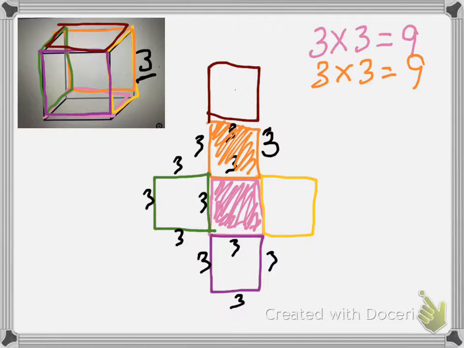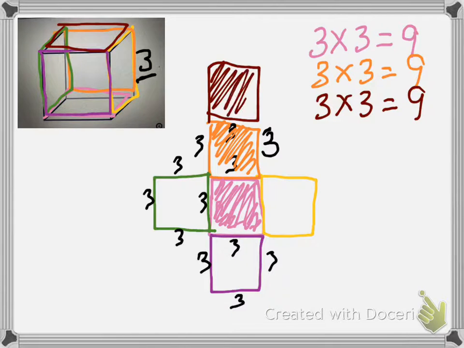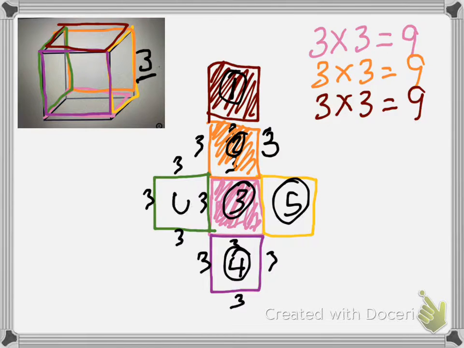Now, we could go ahead and add each one of these boxes individually and do every single one in this same fashion, and that would probably take us a little extra time, but it would give us the answer we're looking for. We could take a shortcut and just know, because this is a cube, that we have side number 1, side number 2, side number 3, side 4, side 5, and side 6.